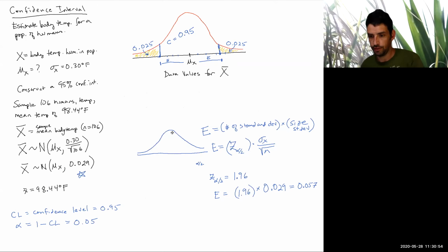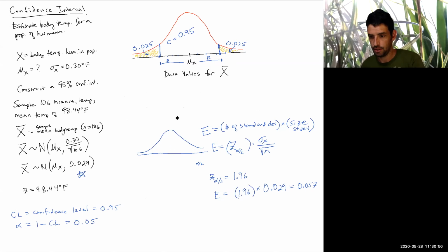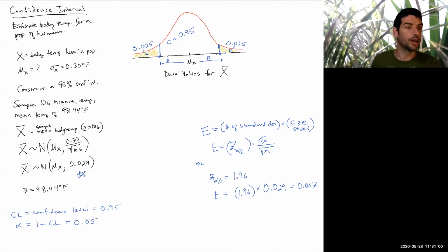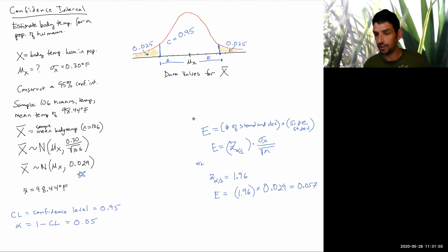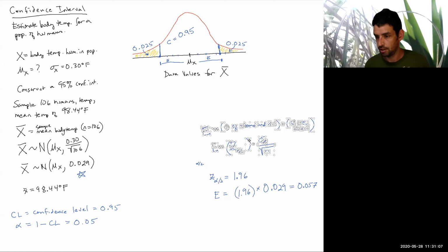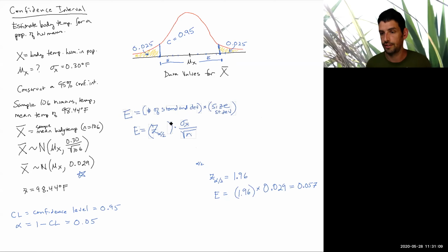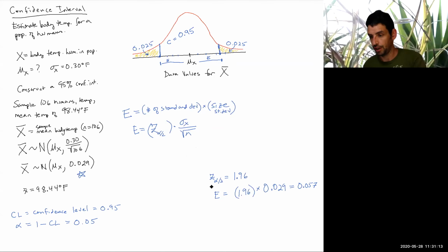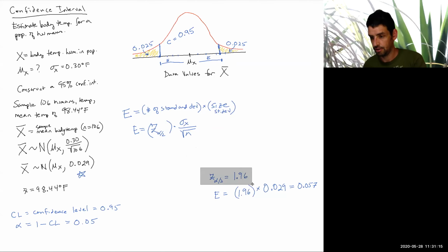Let's just get rid of this. Sorry, this is still learning. Okay, so we've got this formula for the error. I also want to keep that. This can go away. And then we've computed the error down here.